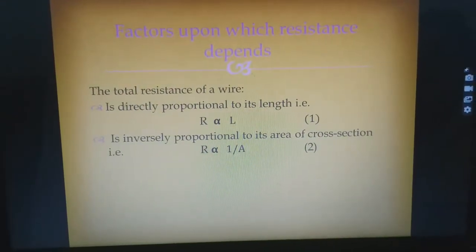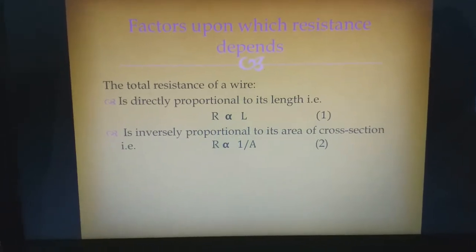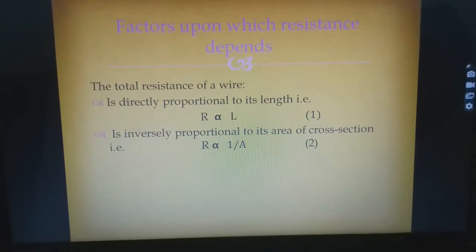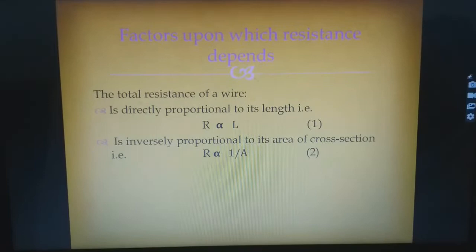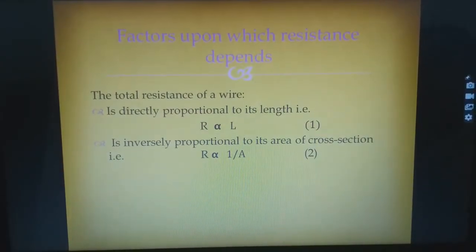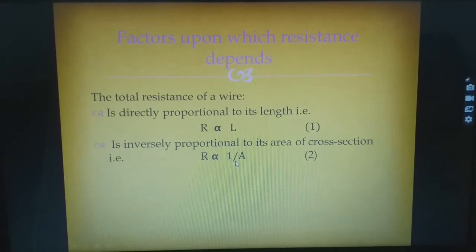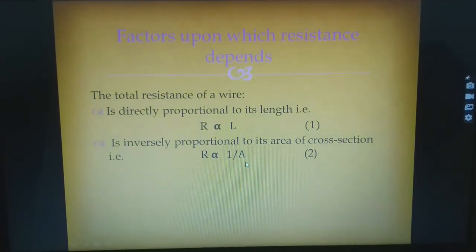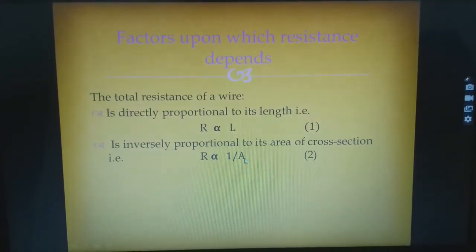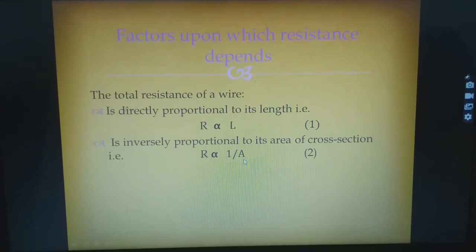And R is inversely proportional to the cross-sectional area of the wire. That is, R is inversely proportional to A. What does it mean? Area of a wire is equal to pi r squared, where r is the radius. It means area depends upon the diameter of the wire.